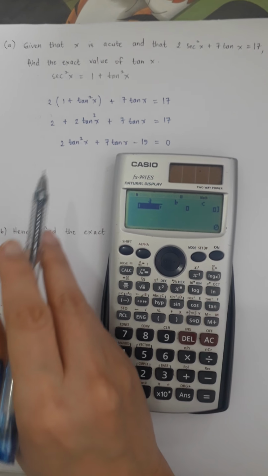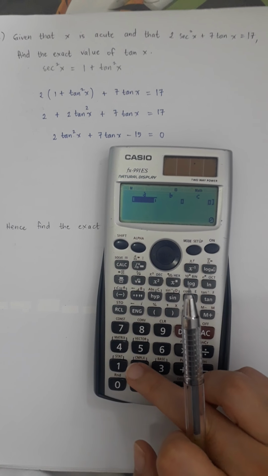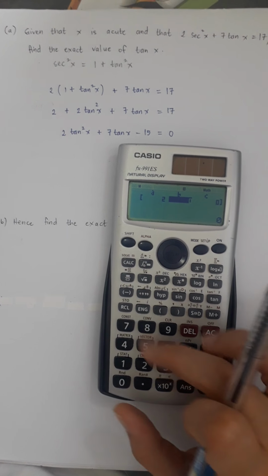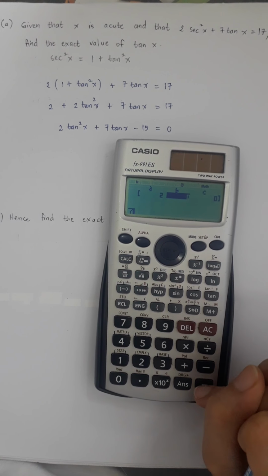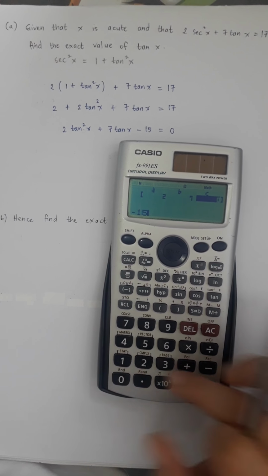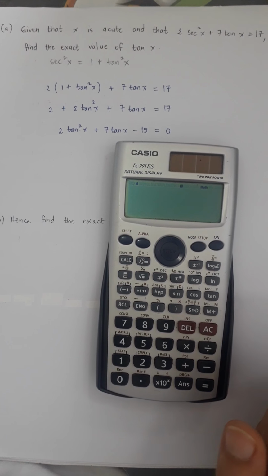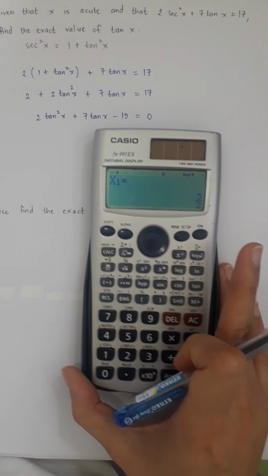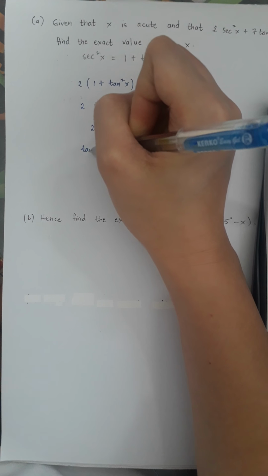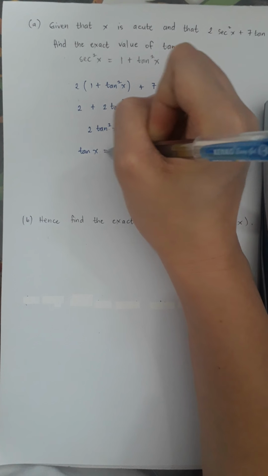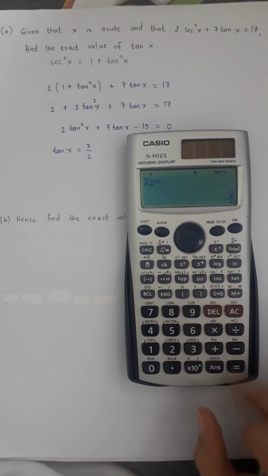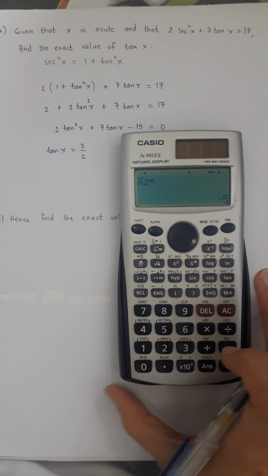So a is 2, that's the coefficient of the term with square. B is 7, the coefficient of tangent x. And the constant c is negative 15. So I have the first value of tangent x, which is 3 over 2. And the other value is negative 5.